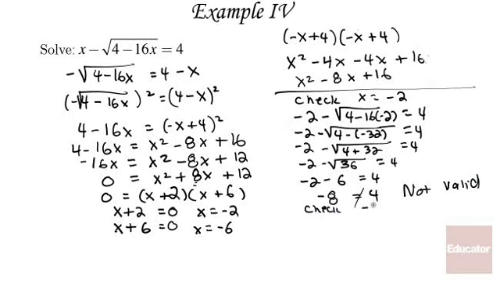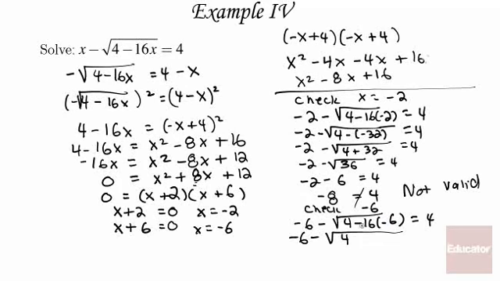I need to check my second solution, and that second solution is negative 6. So I'm going to go ahead and try that. Negative 6 minus the square root of 4 minus 16 times negative 6 equals 4. 16 times negative 6 is negative 96.